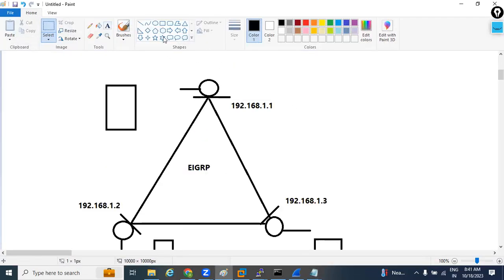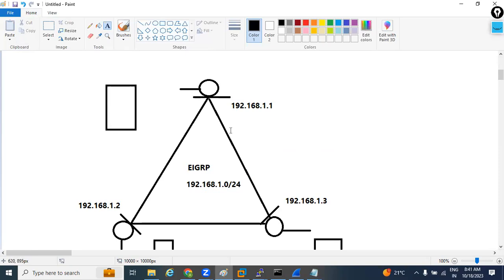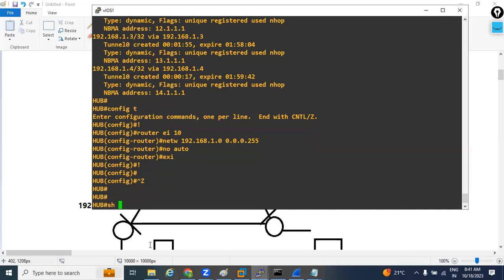The network is common for all, which is 192.168.1.0/24. Later we have to advertise the loopbacks, we will do that later, but first the neighborship should be up. But you can see here the neighborship is still down.